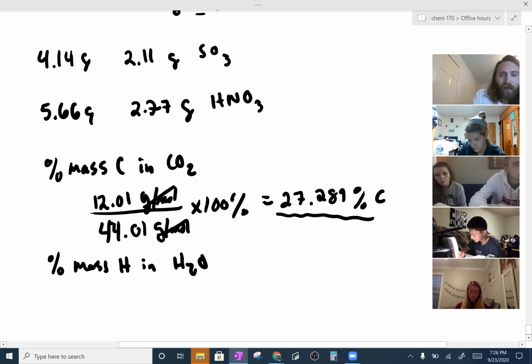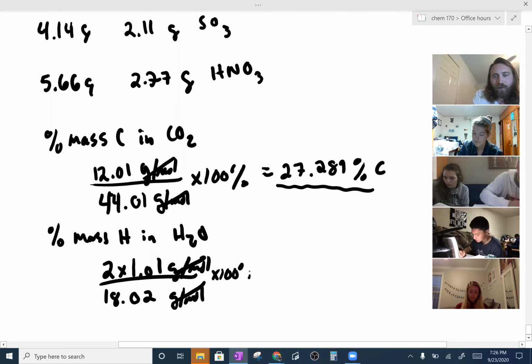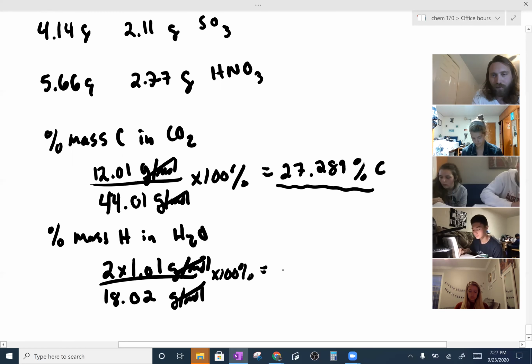This would be 2 times 1.01 grams per mole, divided by the total molecular weight of water, which is 18.02 grams per mole, we'll say, something like that, times 100%. And that ends up being 11.209%.